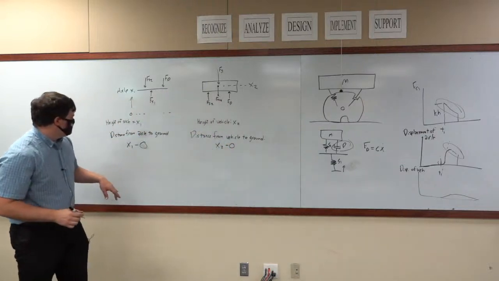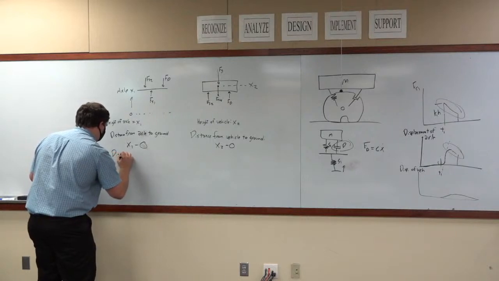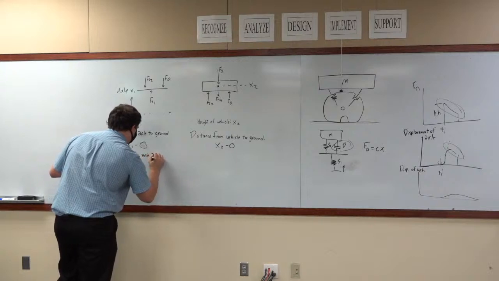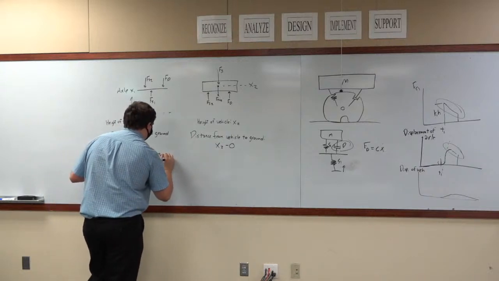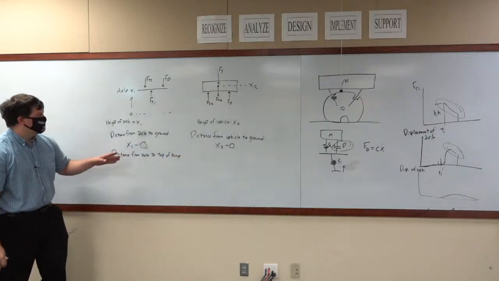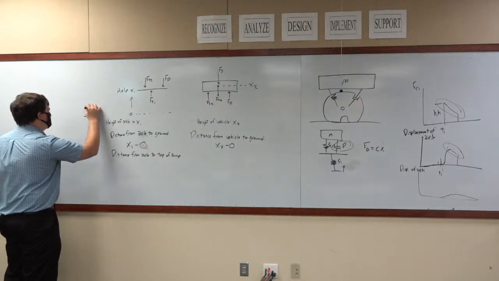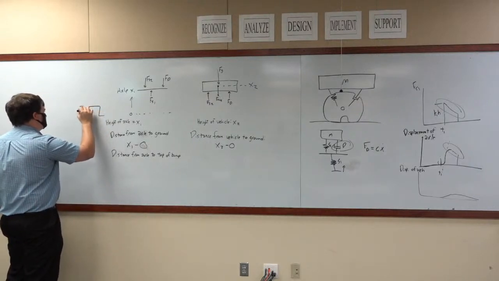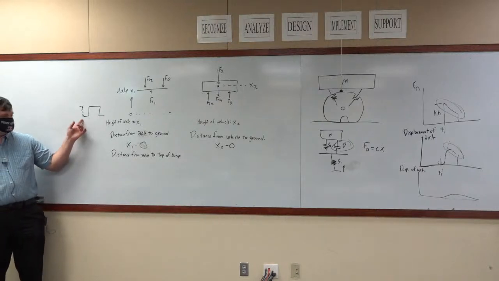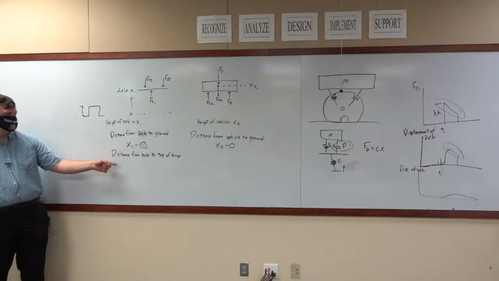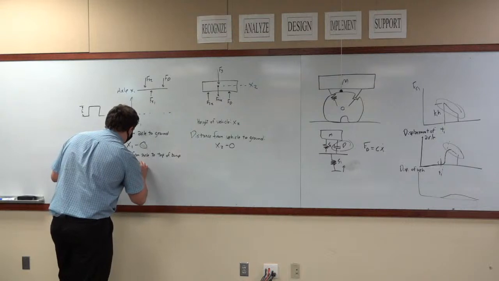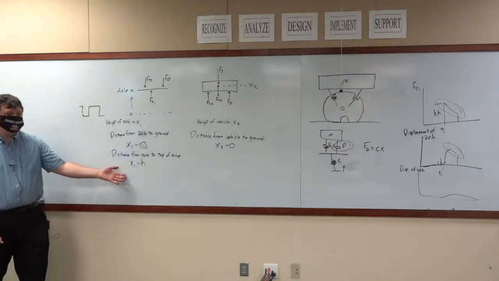Distance from axle to top of bump. Here, we're going to assume that the bump has height h. So what is the distance between the vehicle and the top of the bump? Well, the axle and the top of the bump. It's x1 minus h. I feel like I'm asking dumb questions here, but that's all it is.